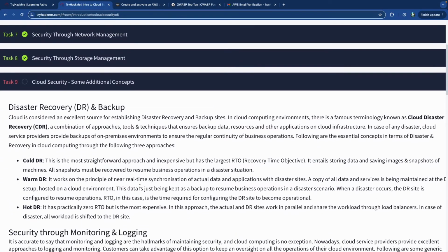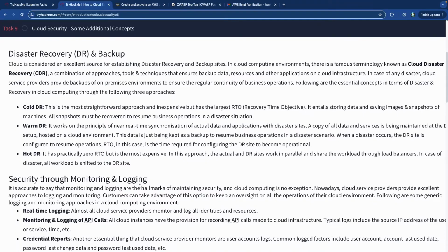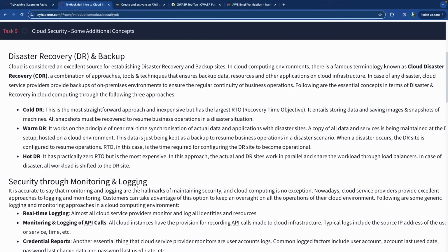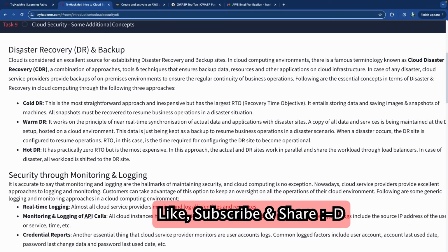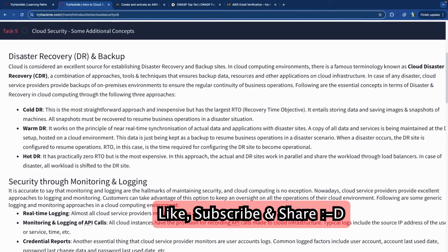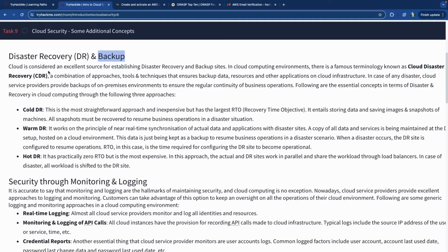So finally, let us jump into cloud security and some additional concepts around cloud security. There's a concept in data recovery called disaster recovery, and backups that are associated with disaster recovery. Cloud disaster recovery is a terminology that became really famous as clouds became really popular.